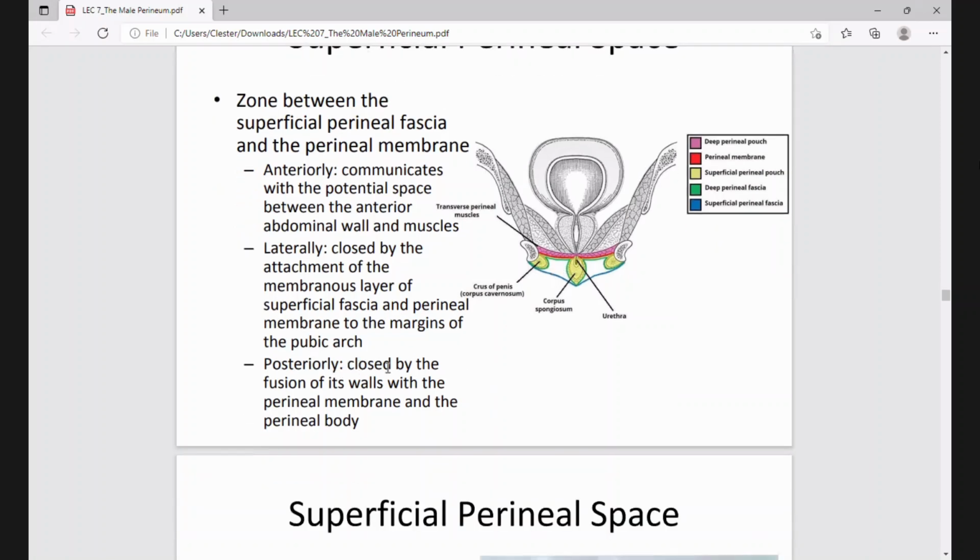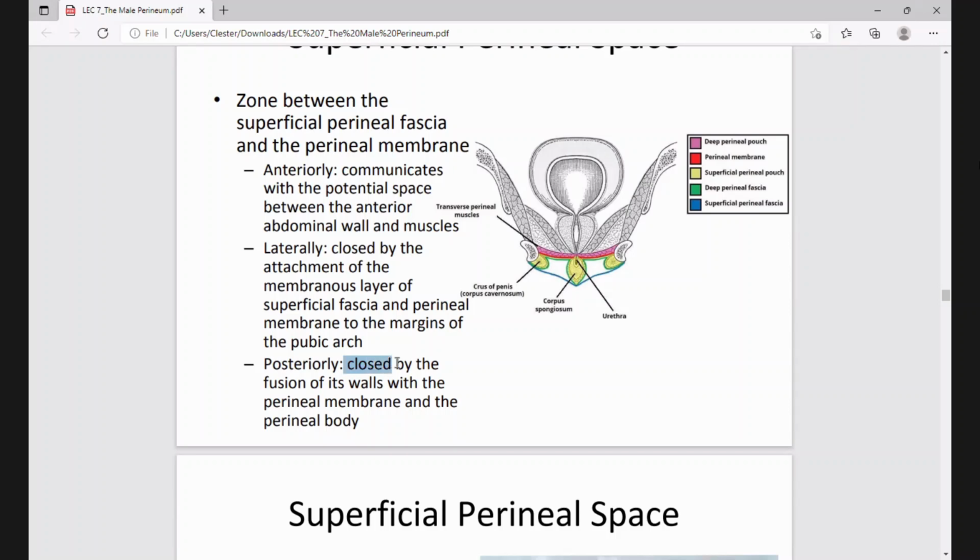Posteriorly, it is closed by the fusion of its wall with the perineal membrane and the perineal body. So, yung superficial perineal pouch po is found only in the urogenital triangle. It actually does not continue into the anal triangle. Why? Because it is closed.